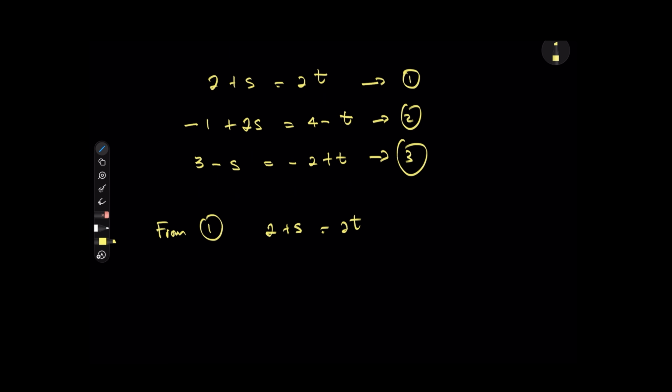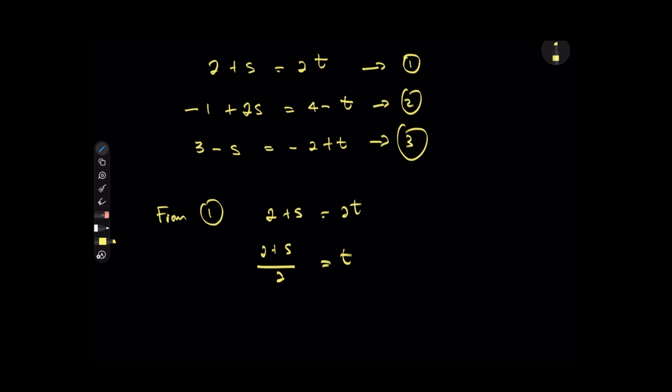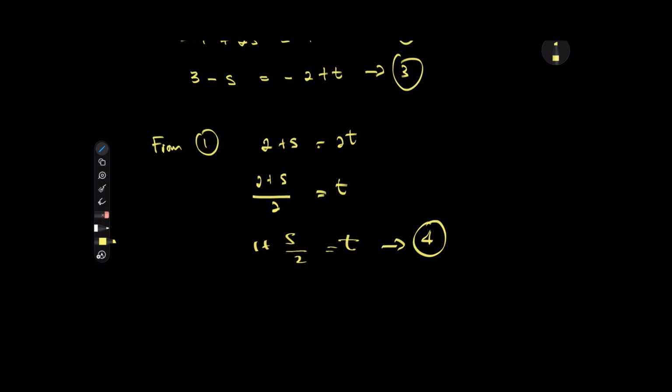Which means that I'm going to divide both sides by the number 2. So I'm going to get (2 plus s) all over 2 is equal to t. I'm going to simplify. I'm going to get 1 plus s all over 2 is equal to t. So now I have what t is. It's in terms of s. I'm going to call this another equation, maybe 4.